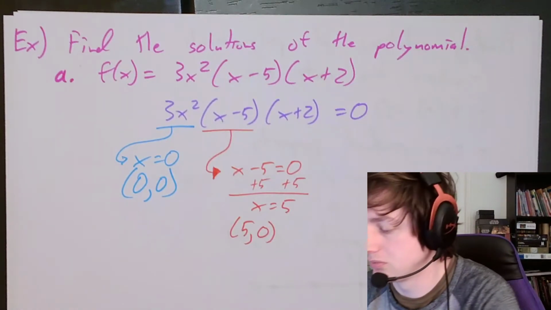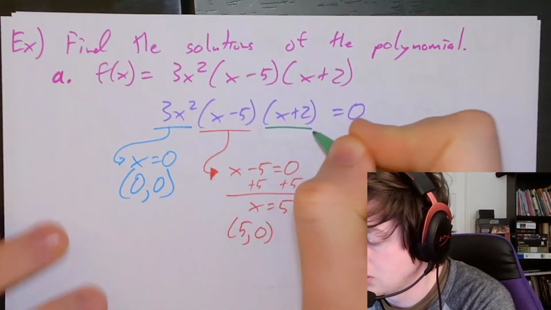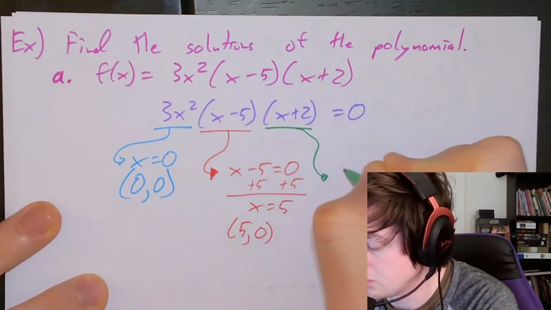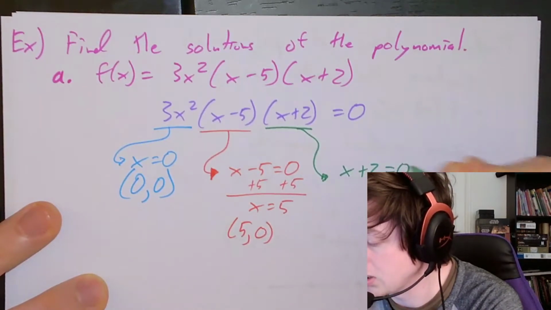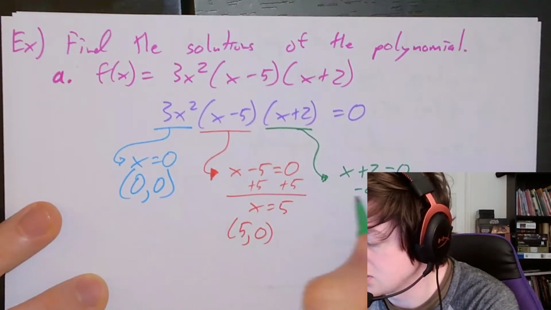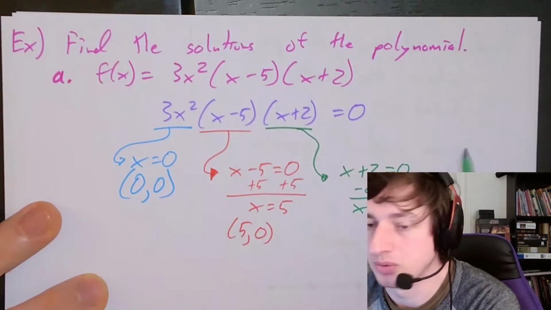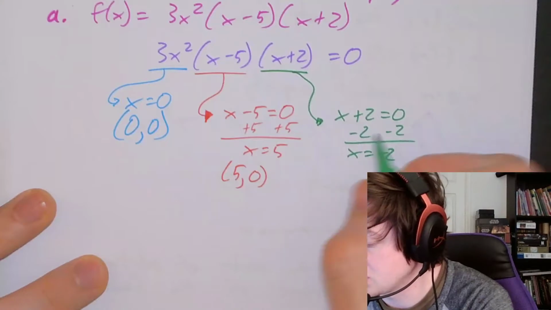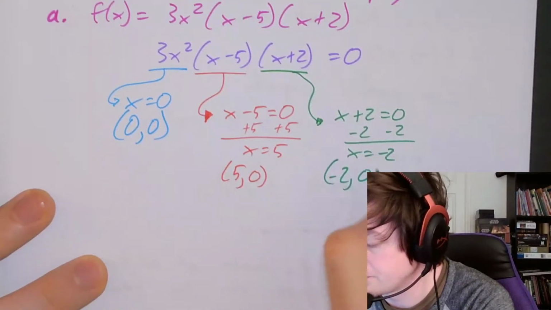And then this last one, it's the same thing. We have an x plus a 2. So we take this thing and say, okay, x plus 2 equals 0 when x is -2. Which means we get the coordinate point -2, 0.